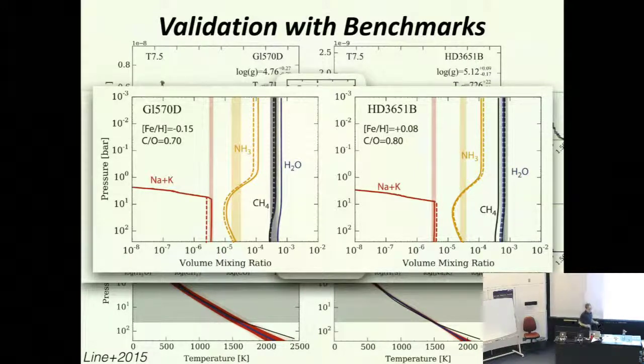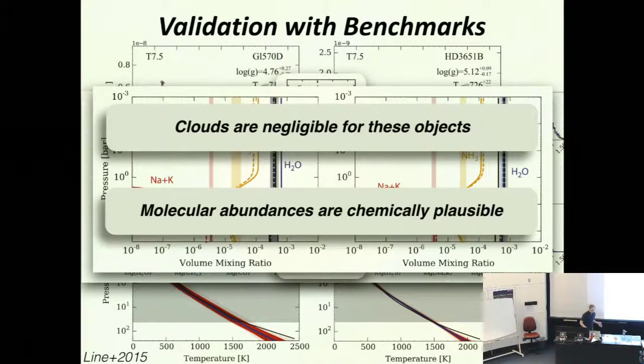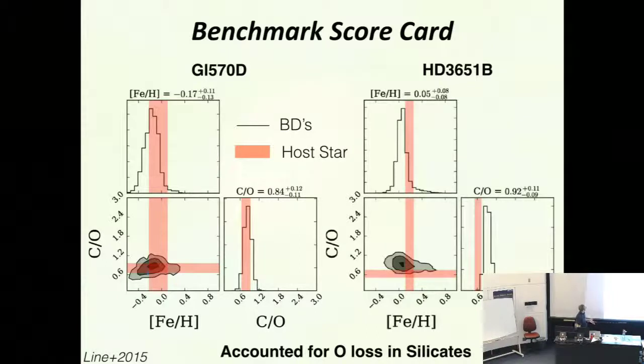So the retrievals applied to these brown dwarfs give physically sensible answers. That's great. Now we want to back out how the elemental abundances in the brown dwarf compare to the elemental abundances from the star. For these two benchmark objects, this one does pretty good. This one's not quite as good, but it's not that far off.